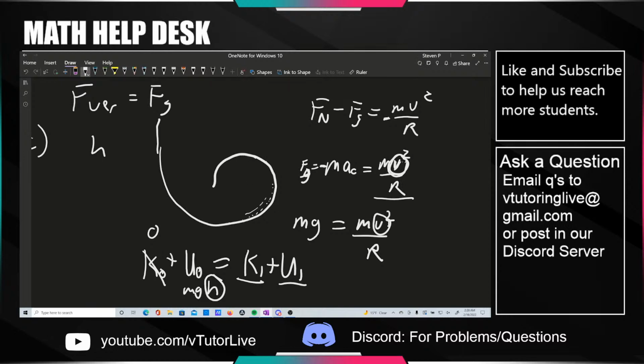Anyways, the point that I'm trying to make is that Fg definitely points downwards, right? But Fn can either point upwards or it can point downwards. Basically Fn can change depending on what your speed is, and it changes to accommodate all this. So what I'm seeing here is that if Fn is just too high, it sounds like you're just not going to make it across this thing at all.